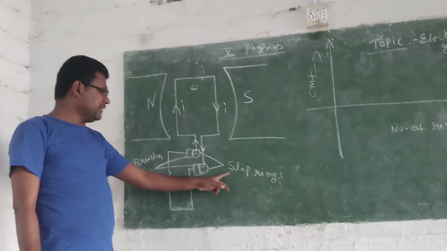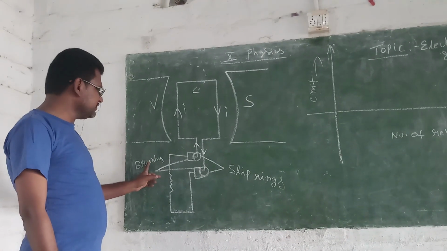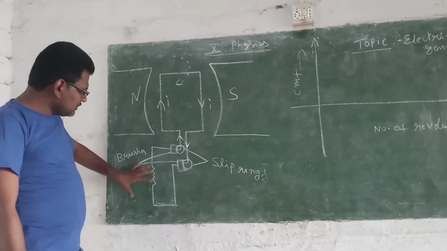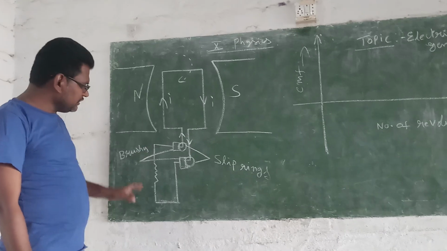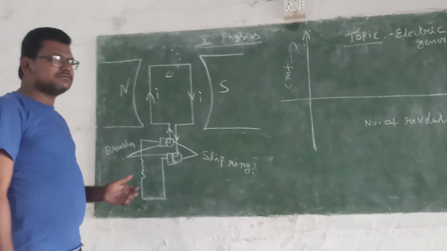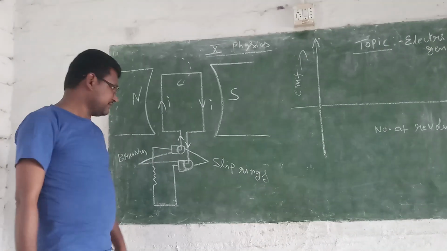These are the two slip rings and these are the two brushes. And there are consumers between these two brushes. Now let's see how it generates the current.